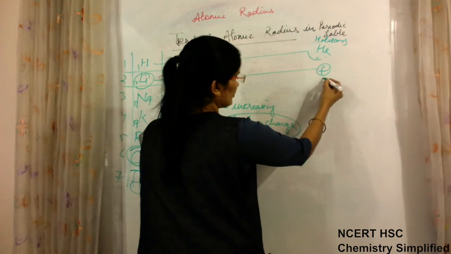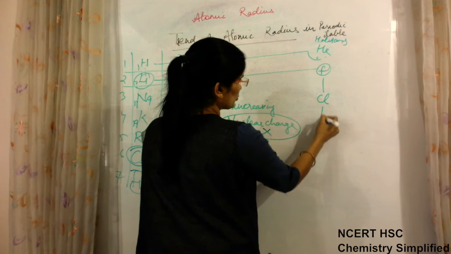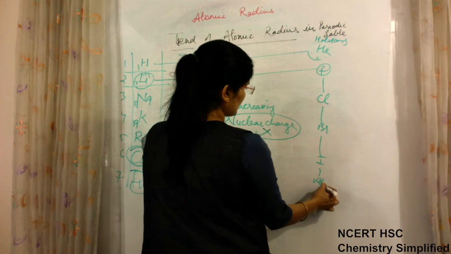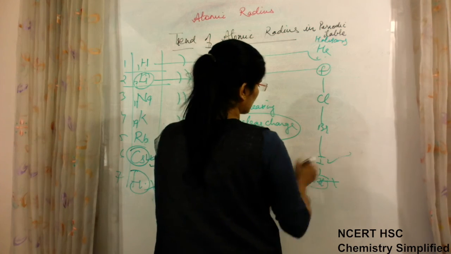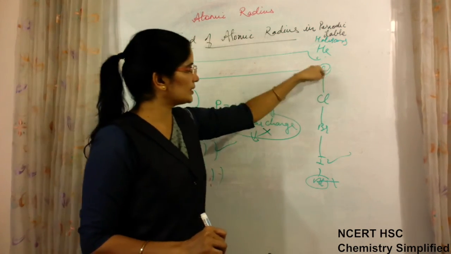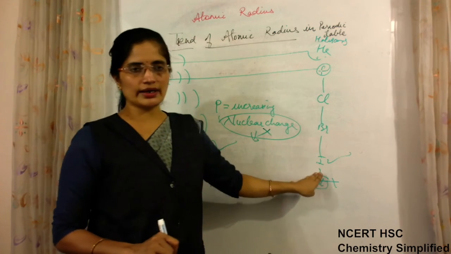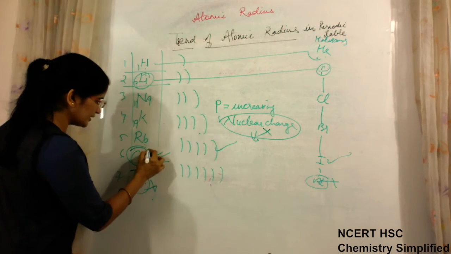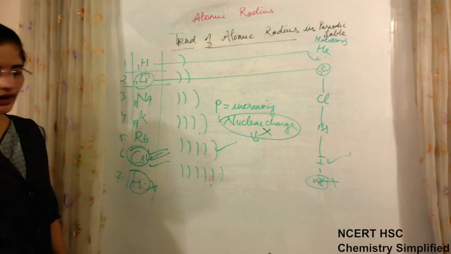Now if we move down from fluorine to chlorine, chlorine to bromine, bromine to iodine and astatine. Astatine is radioactive, so we will not discuss it. So this is the smallest. Then if we go down, the atomic radius is increasing, but it will not increase as much as it will for cesium. Why?